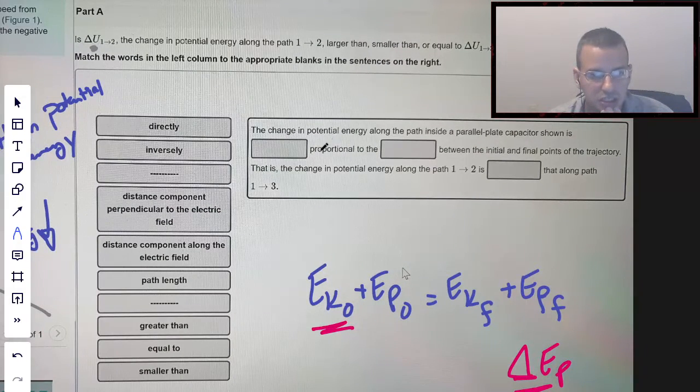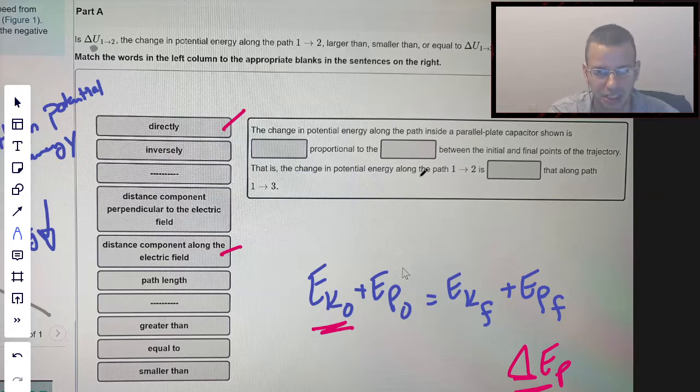The change in potential energy along the path inside a parallel plate capacitor is directly proportional to the distance component along the electric field between the initial and final points of the trajectory.